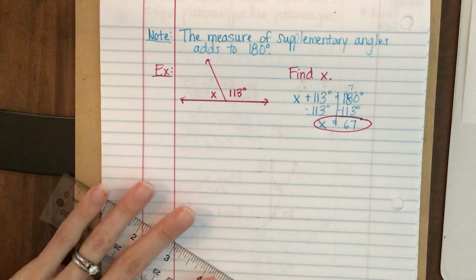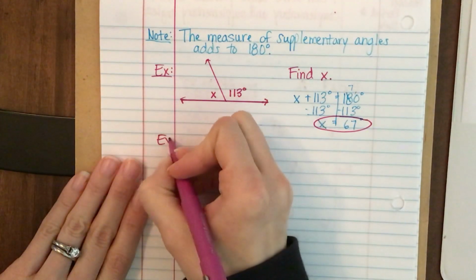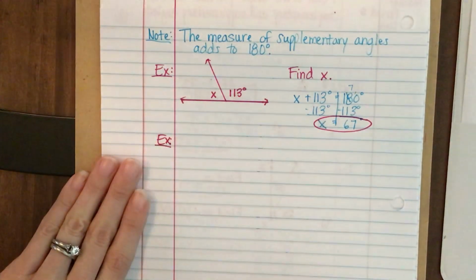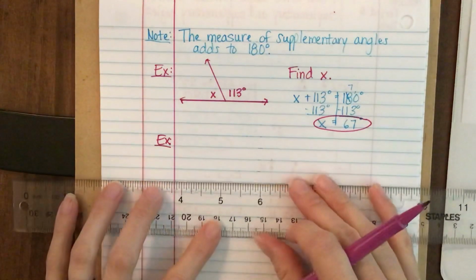Now let's do an example that involves a little more algebra. I'm going to draw a picture of what this looks like first, and then I'll give you the information you need.